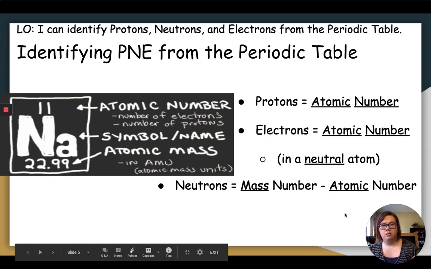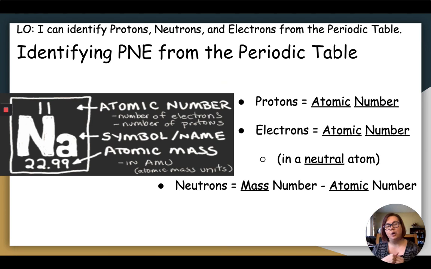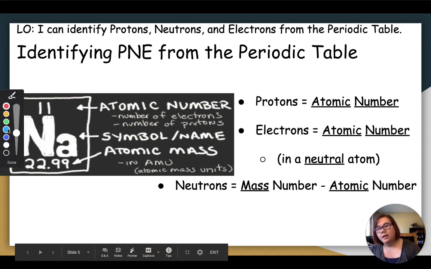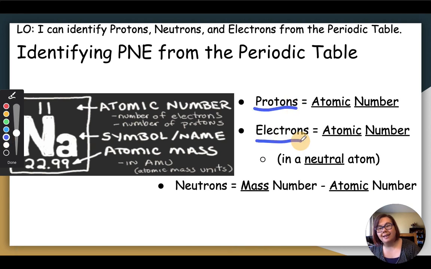So now let's talk a little bit more about how exactly to find the PNE, protons, neutrons, and electrons, from our periodic table square. These 3 things are probably some of the most important that you'll need to remember from this video. First of all, both protons and electrons are the atomic number. It's just that atomic number.